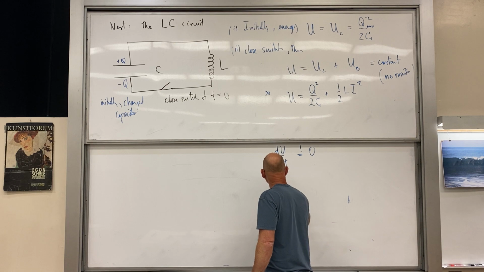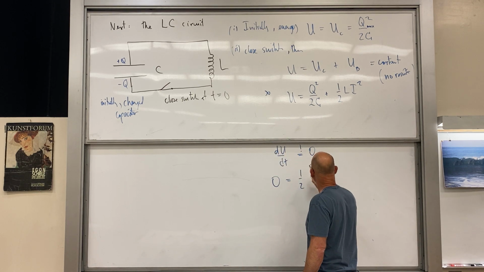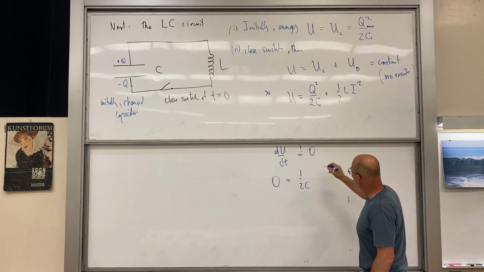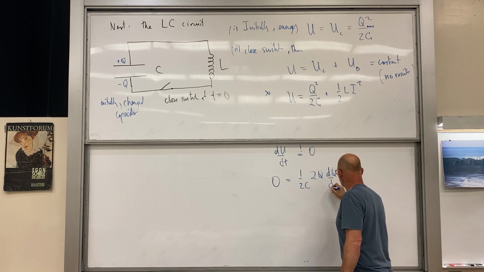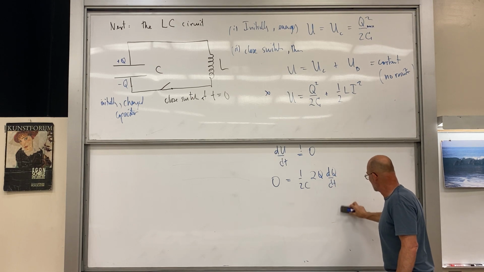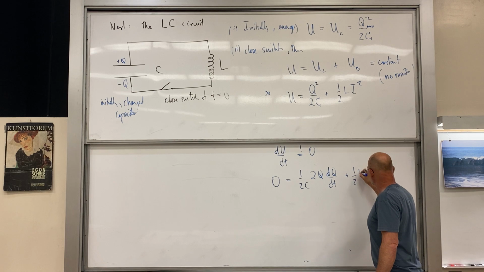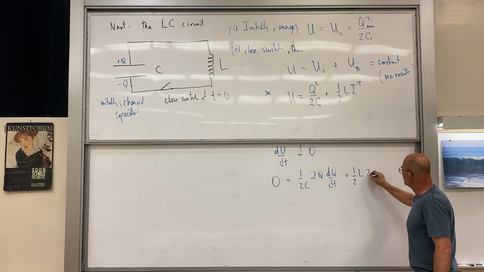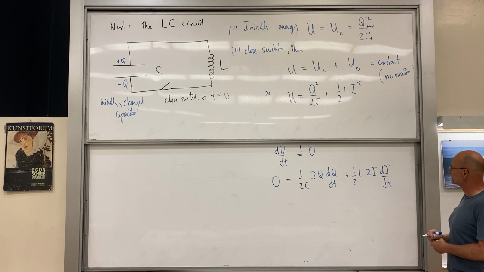Implicitly, we have 0 equals 1 over 2C times 2Q dQ/dt, plus 1/2 times L times 2I dI/dt.